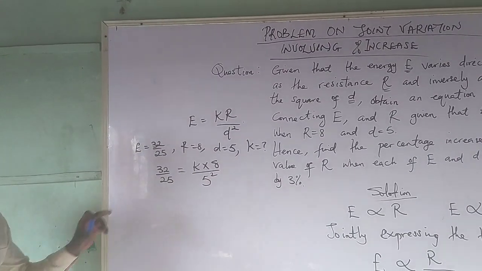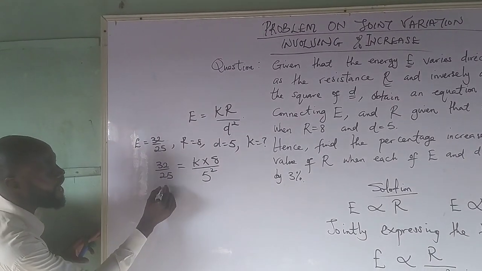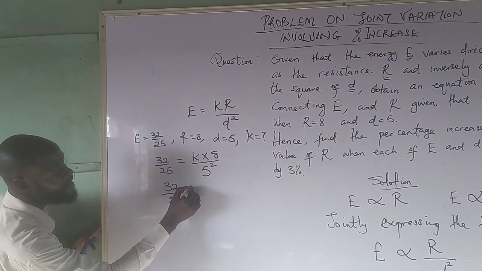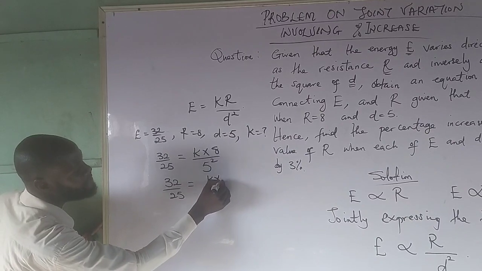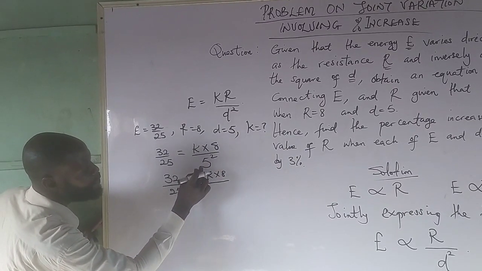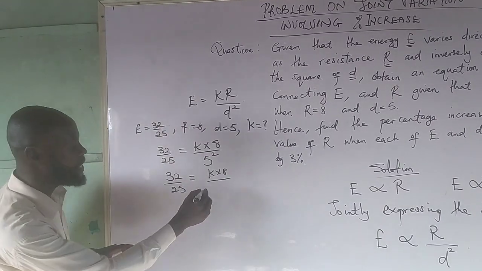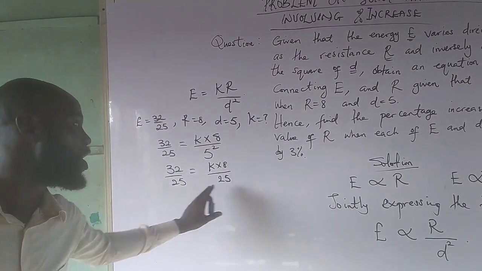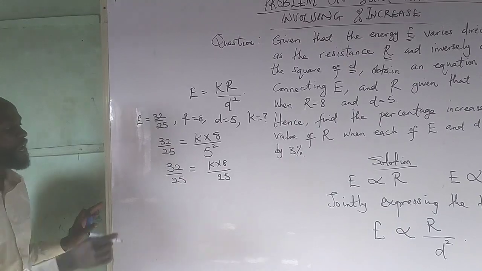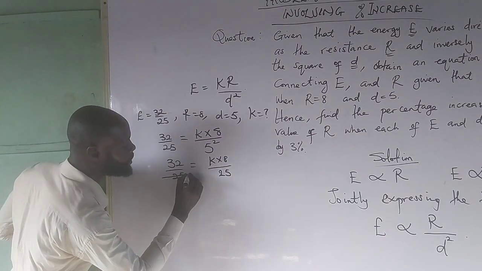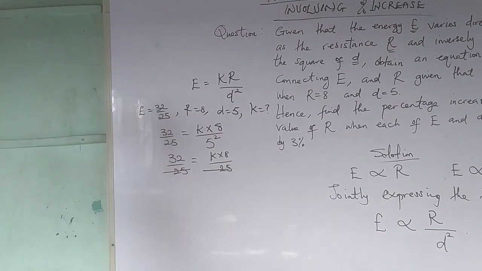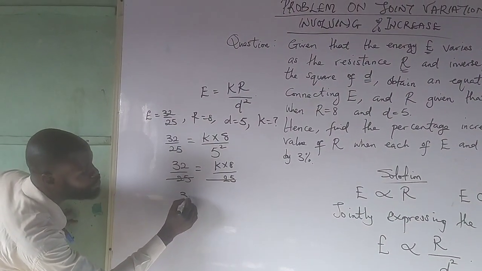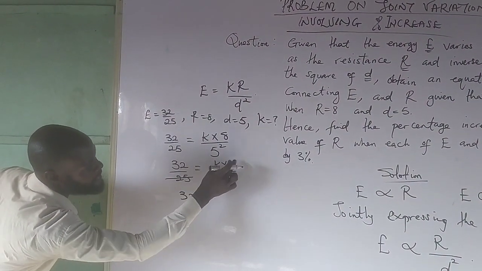So this can be written as 32/25 equals K times 8 divided by 5 squared, which is the same thing as 25. Since I have the same denominator on both sides of the equation, I can simply cancel 25 with 25. So to find my K, I have 32 equals K times 8, that is 8K.